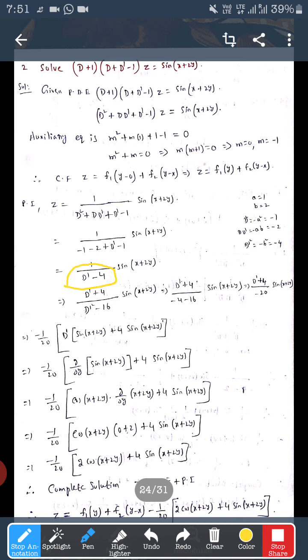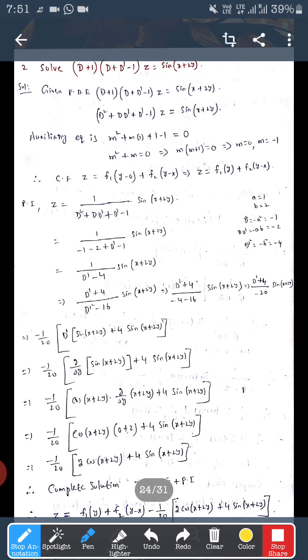Again in the denominator, our aim is to change D' into D'², so that's why we take the conjugate of this term.